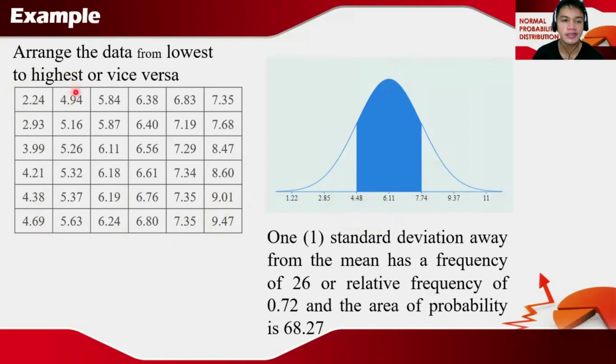We will consider these values, 4.69 to 7.35, since we are considering values within 4.48 and 7.74. So there are 26 values between 4.48 and 7.74, or 72% relative frequency, or 0.72, with a probability area of 68.27 since the empirical rule said so.